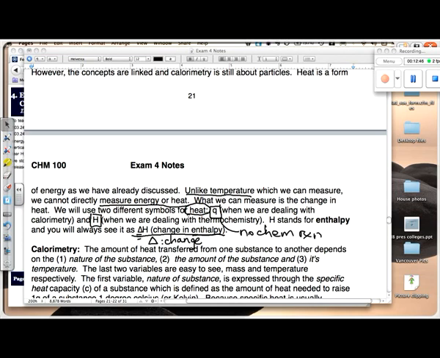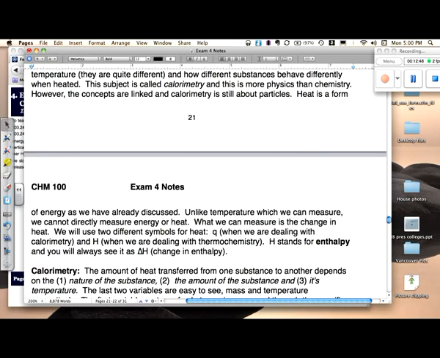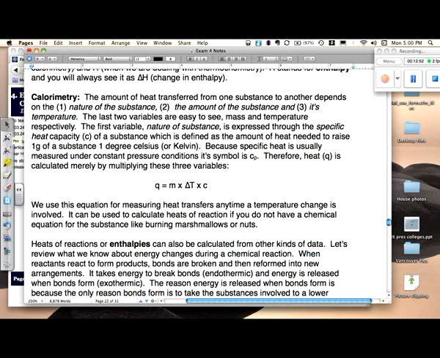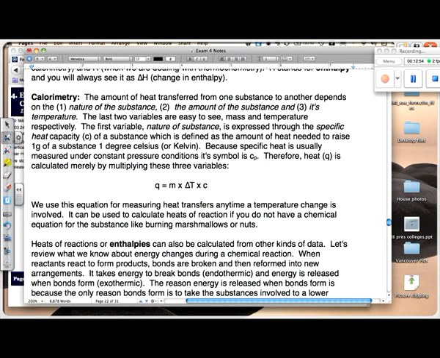So let's talk a little bit about what changes in heat without a chemical reaction are dependent upon. There are three things: the nature of the substance. Let me ask you this before we leave the nature of the substance. Which kind of chair would you like to sit in on a hot summer day if given the choice between a plastic chair and a metal chair?